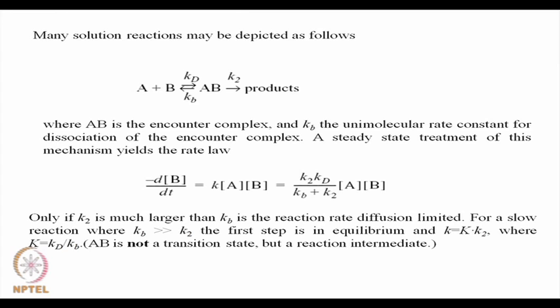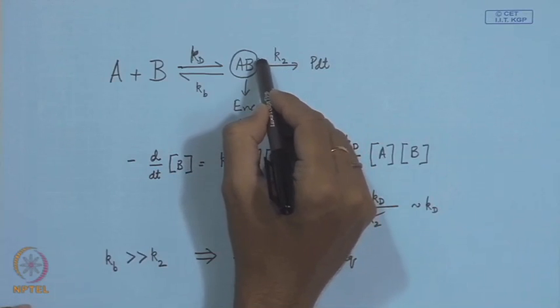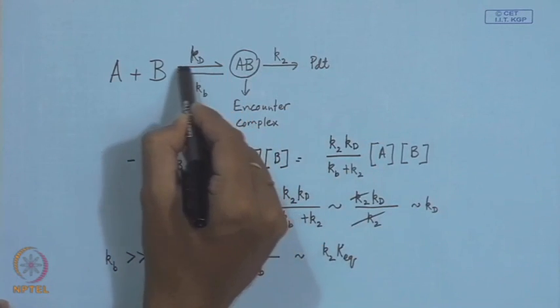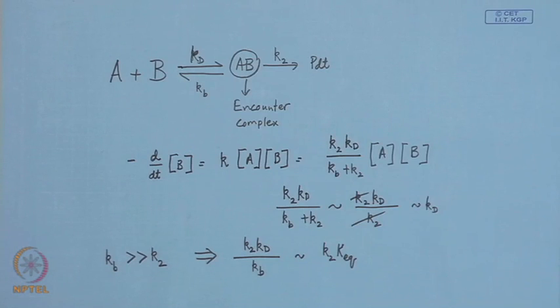So, what you see is that for a fast reaction, if it is forming the product very fast compared to the back reaction, compared to the dissociation of your encounter complex, then this is a diffusion limited case.